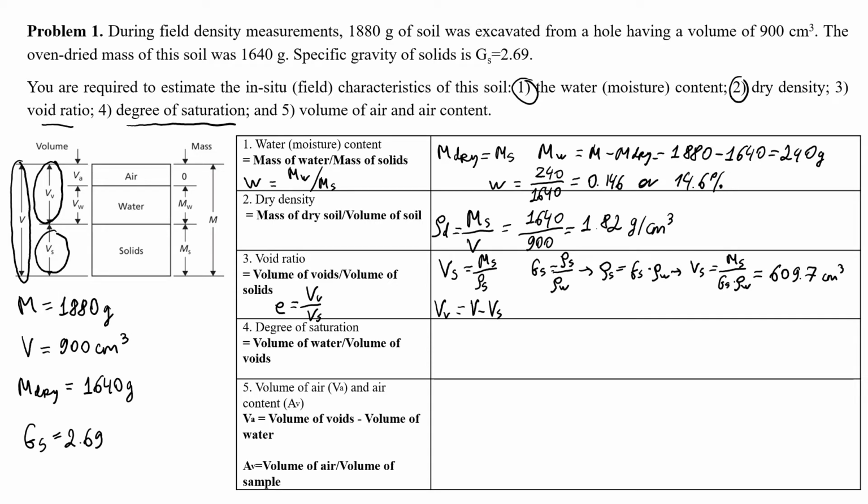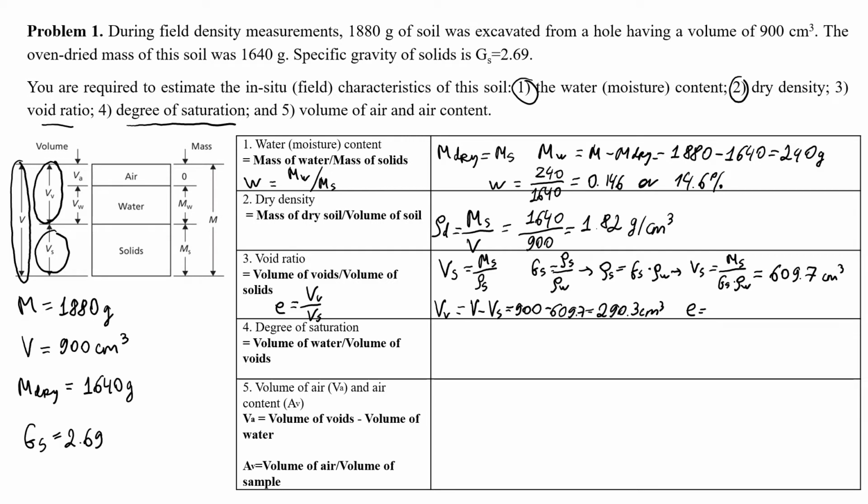In this case, we can get that volume of voids will be 900 minus 609.7, which gives us approximately 290.3 cubic centimeters.